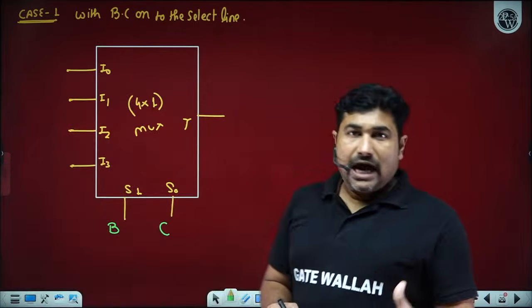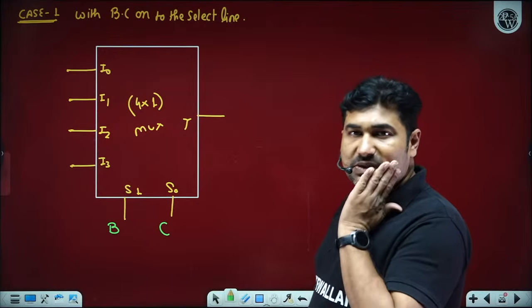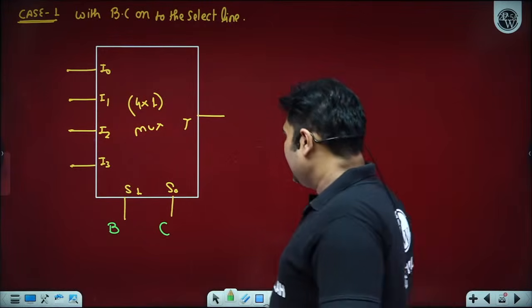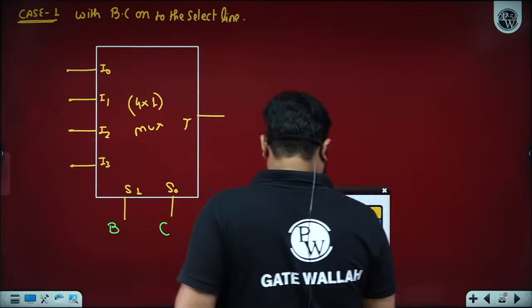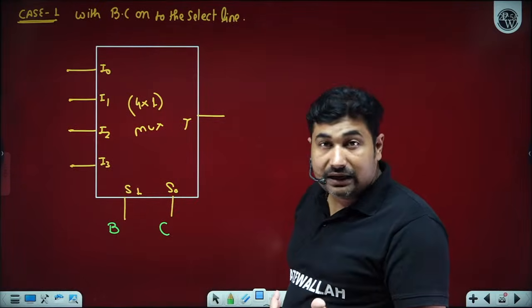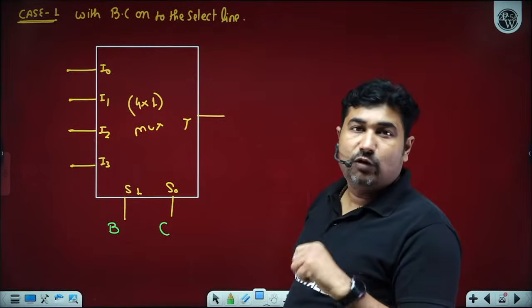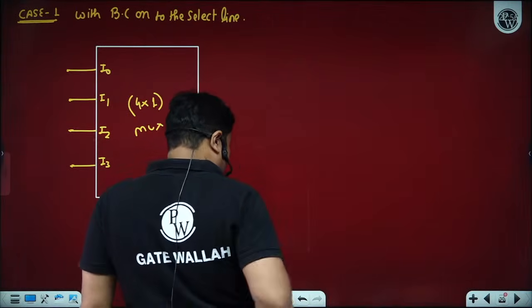Is it okay? Yes, sir. Now what we can give as input to the multiplexer, we can apply either A bar, 0, 1, or A. So we have 4 possibilities that we can apply onto the input pins.